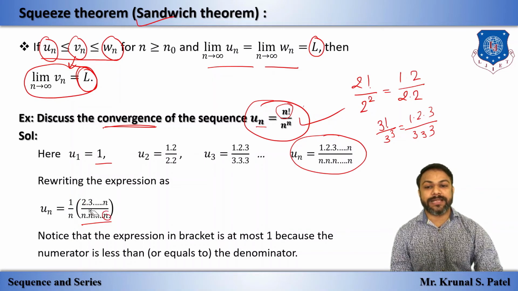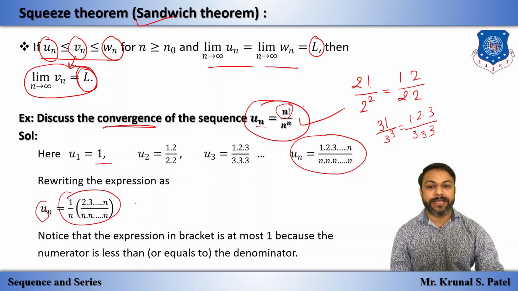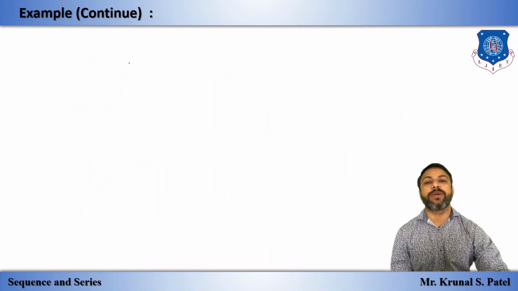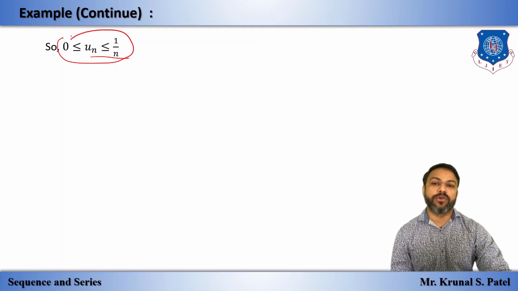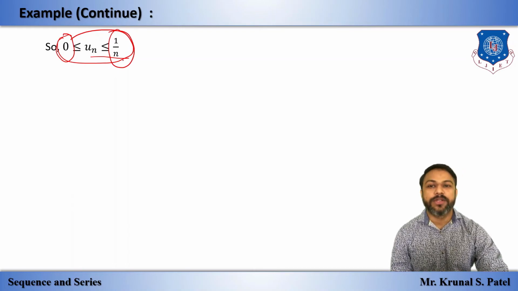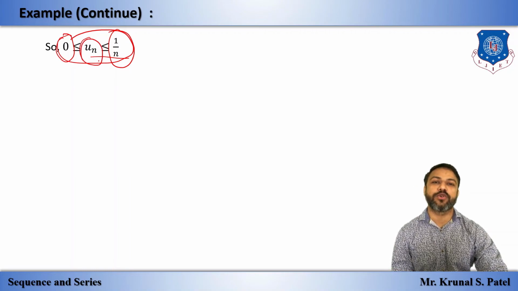So we can say that this un is less than or equal to 1 by n. Now we have this inequality, so the limit of this is 0 and the limit of this as n tends to infinity is also 0. So by the sandwich theorem, the limit of this un is also 0, which is finite, so it is convergent.